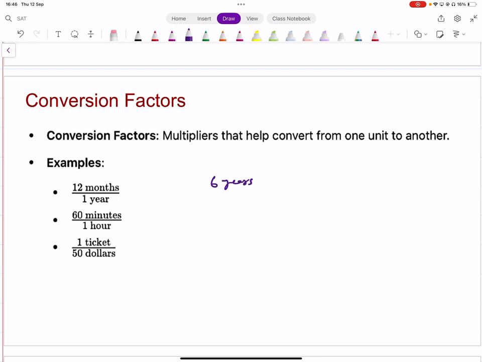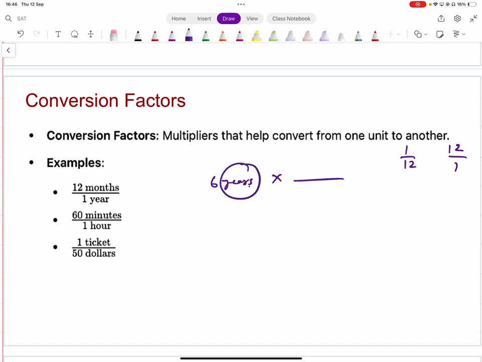Another way to think about that is, you want to convert 6 years to months, right? What's the connection between years and months? 1 year is 12 months. So the ratio is 1 over 12 or 12 over 1, one of the two. You write it in such a way that the unit years gets cancelled.